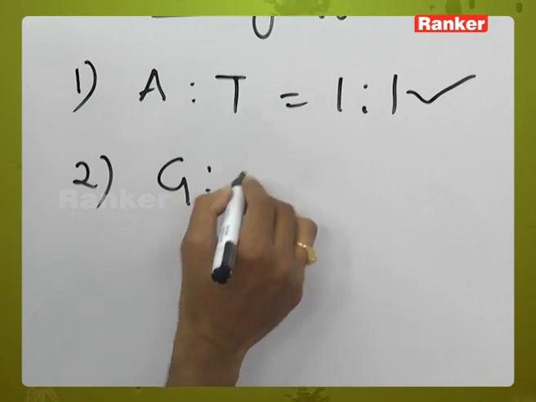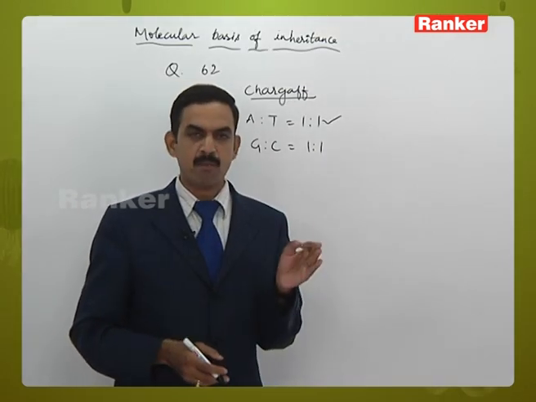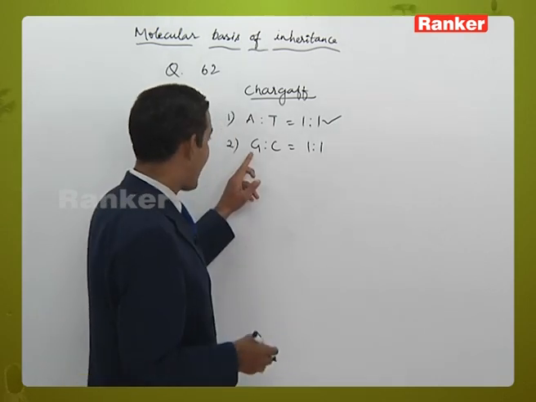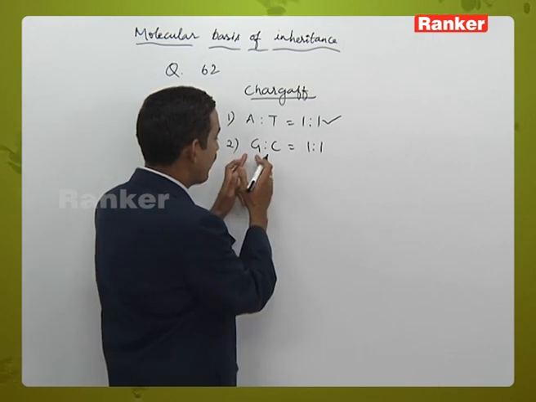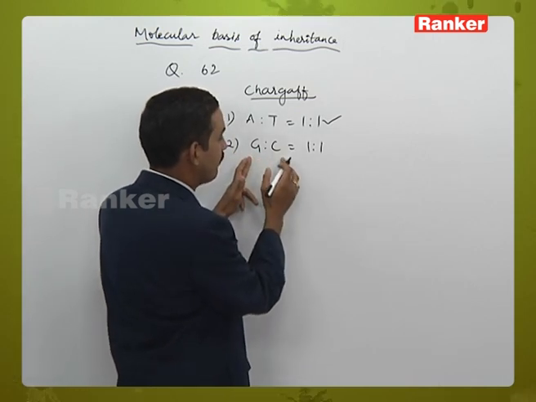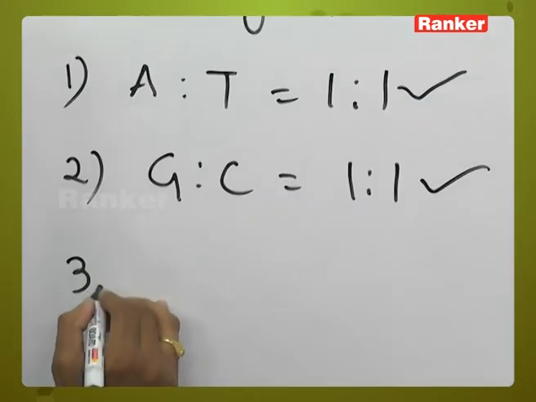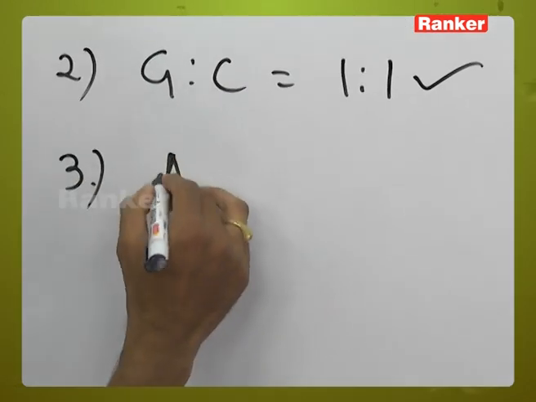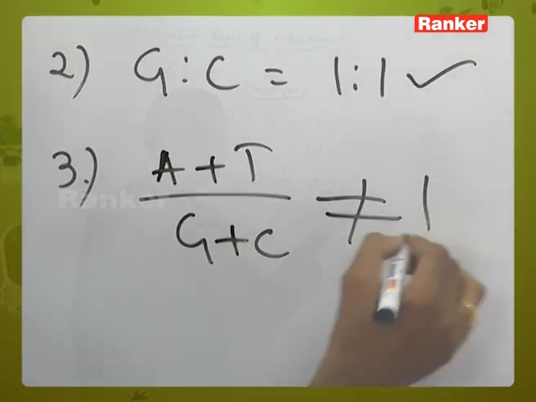Then second one, G is to C is equal to 1:1. As I said, purine number is equal to pyrimidine number. Here guanine is purine, cytosine is pyrimidine. So the number of guanines is equal to the number of cytosines. So 1:1 is correct. Then third one is A plus T by G plus C is not equal to 1.